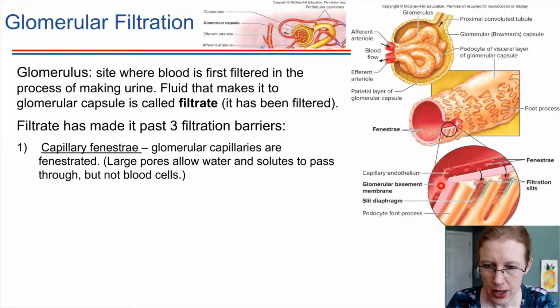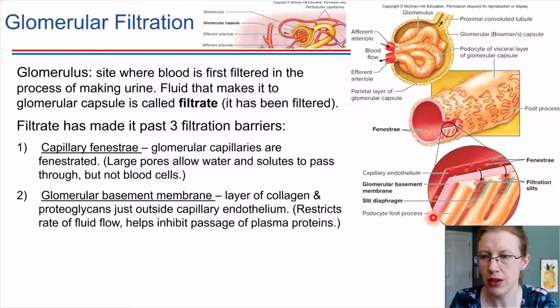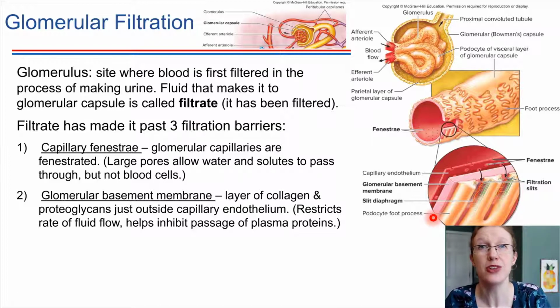The next layer we have is the glomerular basement membrane. This is made of a lot of connective tissue, lots of collagen is present here. And this layer really helps to restrict the rate of fluid flow. Filtration has to happen at a set speed. It can't be too fast or it might not do a good job.